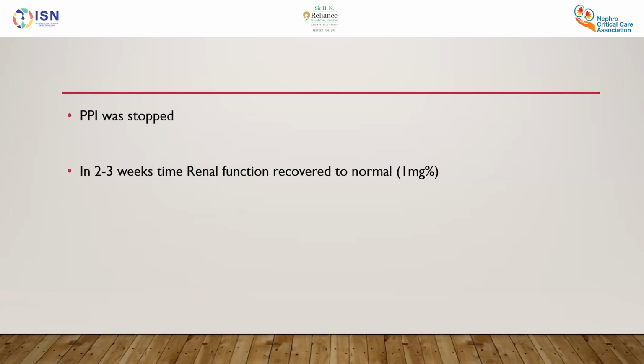So that is the kind of presentation you get, where you get hypocomplementemia, you get eosinophiluria. These are all reactions of the old classification of immunity, type 3. And rechallenge is one of the fundamental things which tells you that it was necessarily the same agent that you are labeling as etiologically responsible for the AIN. There's no other way for you to be sure that this is PPI induced AIN.